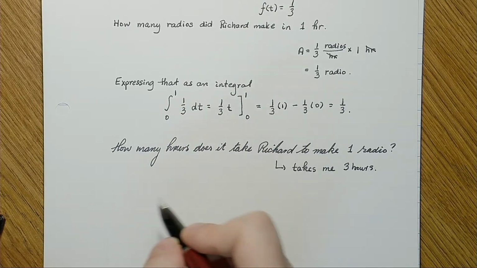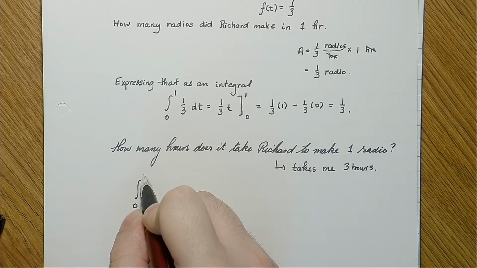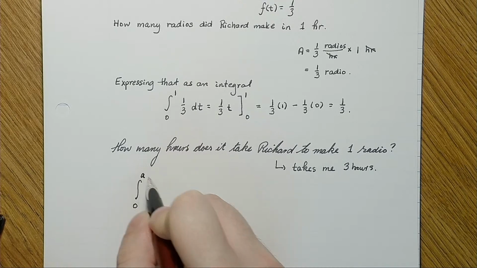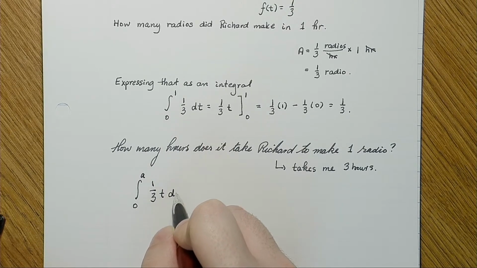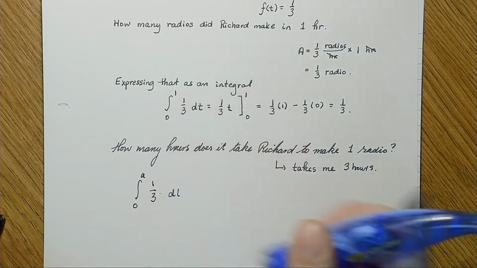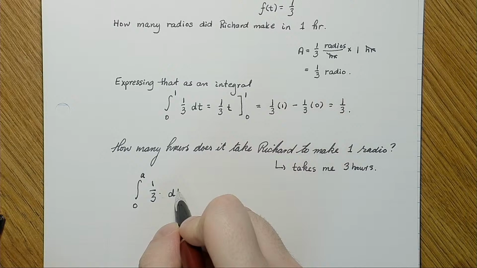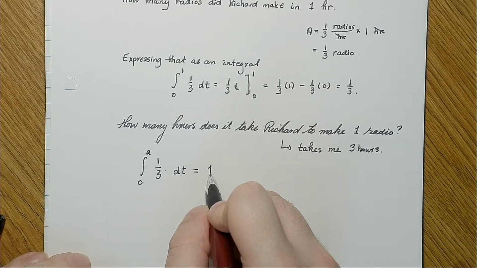But if we wrote this with an integral, sometimes we might want to write something like this. Well, we know from 0 to, we don't know what it is, so let's say a, we'll have the integral of 1/3 dt, and we want that equal to 1.